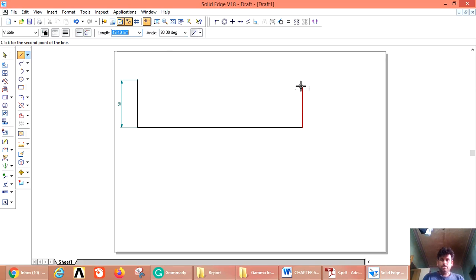Again this is 50, and you should close it like this. First, mark the 60 degrees. What length do I have to take? 60 degrees means 60 divided by 20, that is 3 centimeters, that is 30 mm.